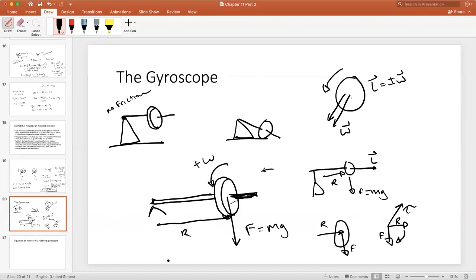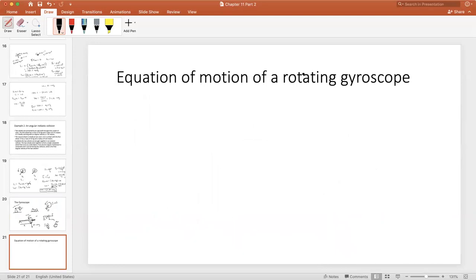So let's look at this from overhead. This is the rotation of the whole pivot arm. This is the wheel, and there's a torque going this way, and there's an L vector, an angular momentum vector going that way.